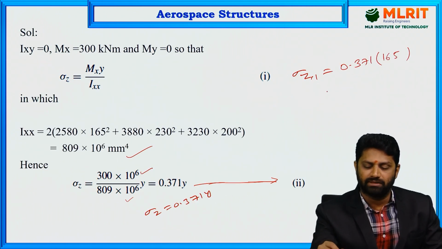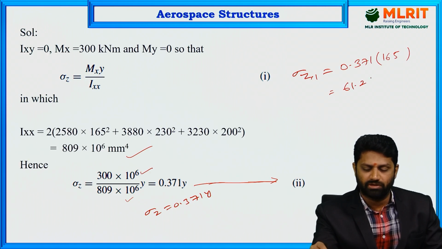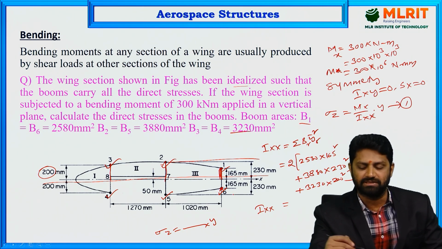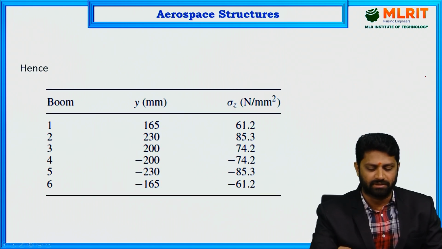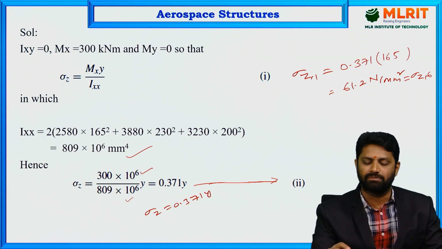Okay, and you're going to get 61.2 Newton per mm square, and it is similar for boom 6, but with minus 165 as the y distance. Therefore this is equivalent to sigma z6, that you can see here: 61.2, and for boom 6, minus 61.2 Newton per mm square.